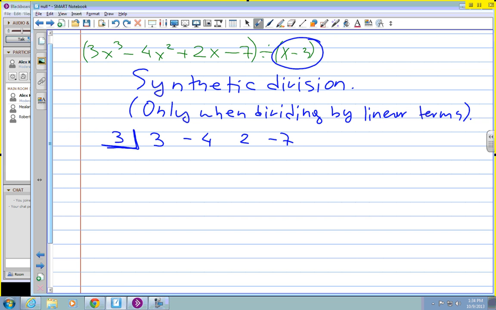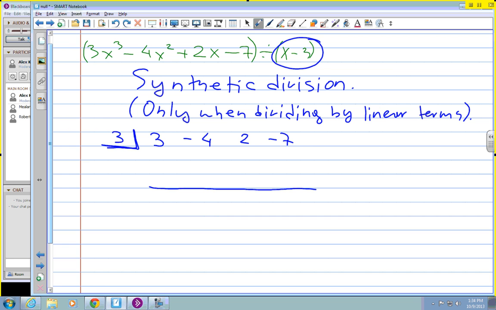The negative sign is part of the formula, so I basically do the opposite sign of whatever's in there. If my divisor was x plus 3, I would put -3. This is how your book sets it up.